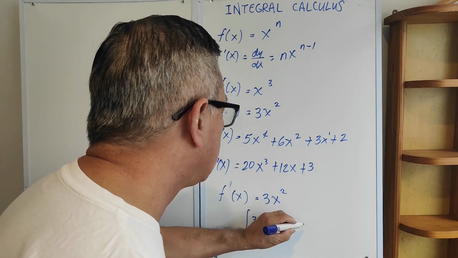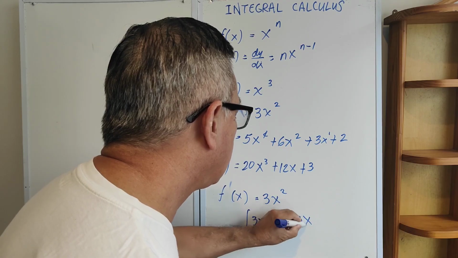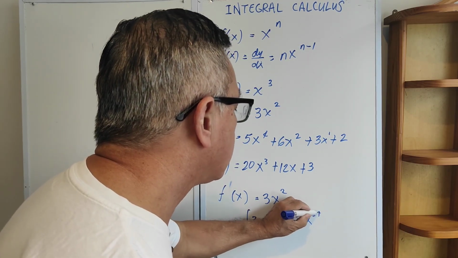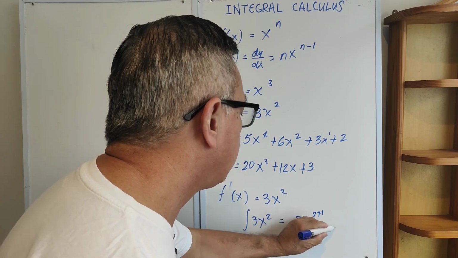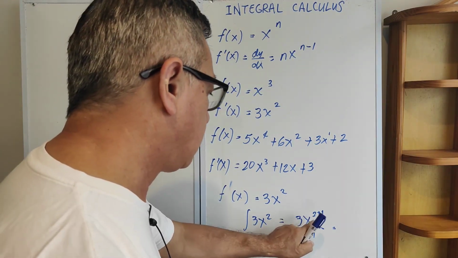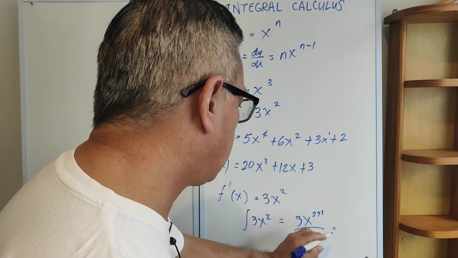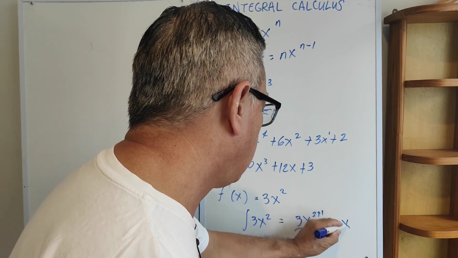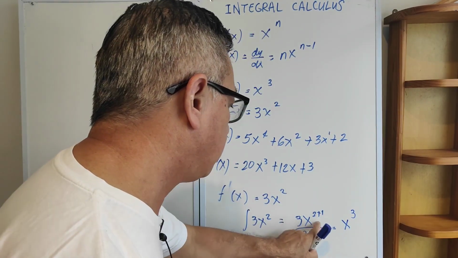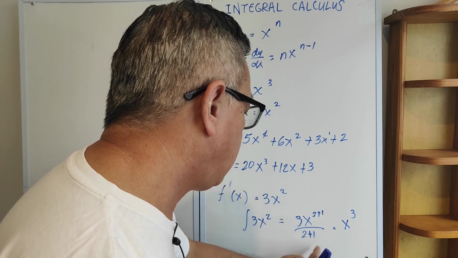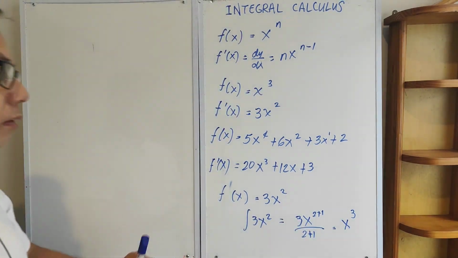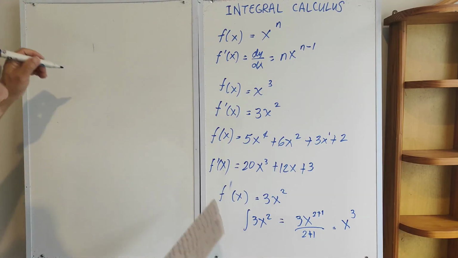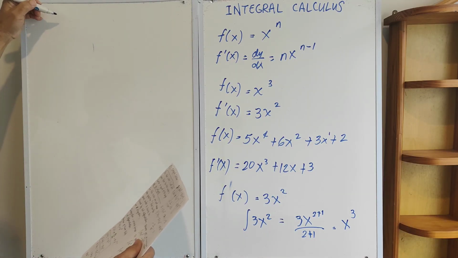So this becomes 3x raised to the 2 plus 1 over 2 plus 1. So this becomes x cubed, 2 plus 1, so the 3 in the denominator is cancelled out with 3. So that's the reverse.